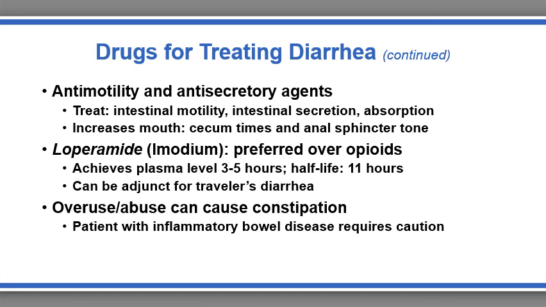Patients with inflammatory bowel disease, there's caution whenever they take these. There is the chance that they could develop something called toxic megacolon, which is an acute colonic distension. That's a complication of inflammatory bowel disease. So you just want to be aware of that in individuals if they do have inflammatory bowel disease and they're trying to use something to treat the diarrhea.